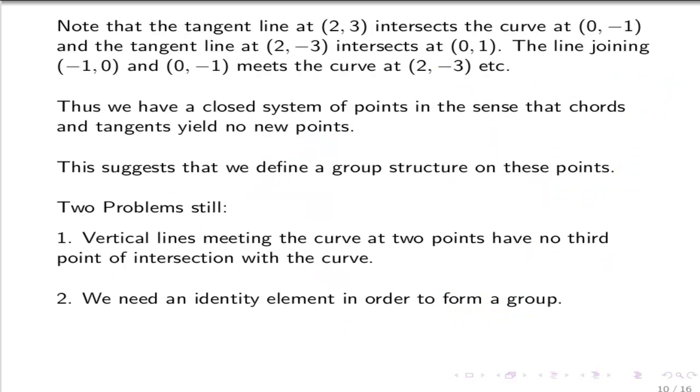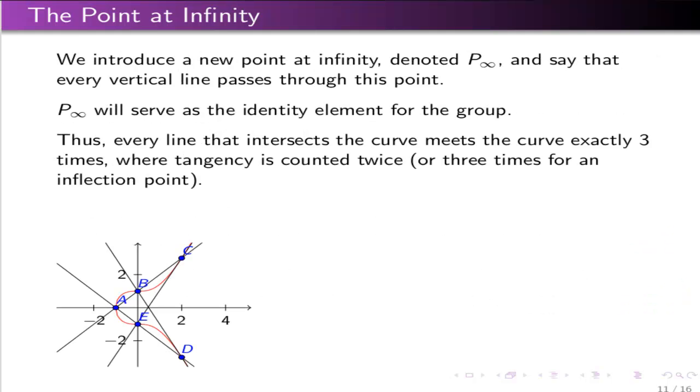So the two problems I was just mentioning: if you have a vertical line meeting the curve at 2 points, we don't have a third point of intersection with the curve. And then finally, if we're actually going to form some group here, we need an identity element for the group. So to solve these two problems, what we do is introduce a new point called the point at infinity.